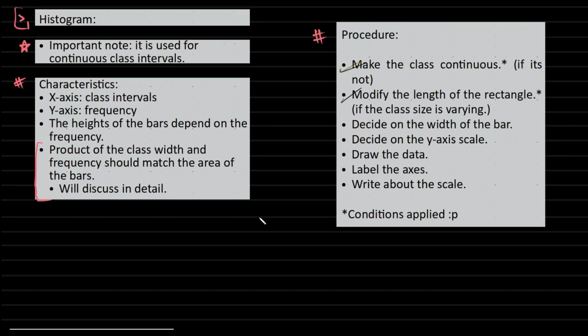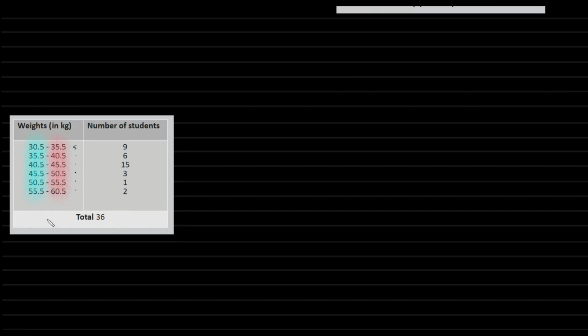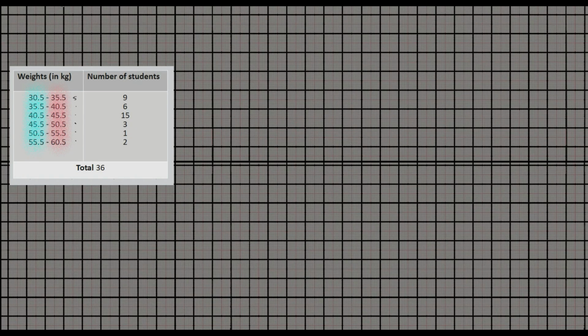Decide on the width of the bar. The width of the bar depends on this set of values, the number of values, and also the space I have. For that, we need to look at the graph. So this is a graph sheet. Let's say I draw it over here.